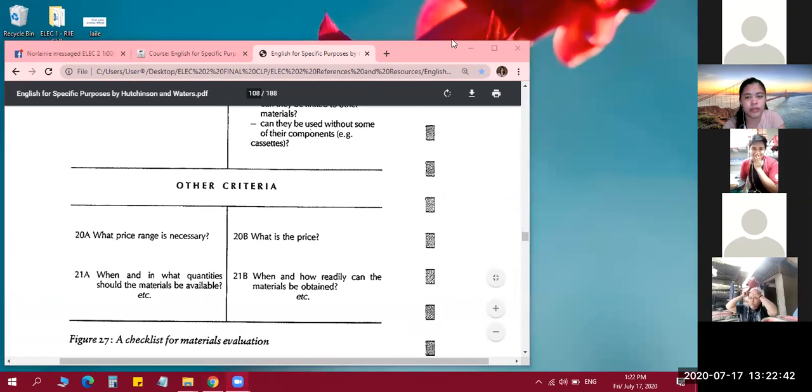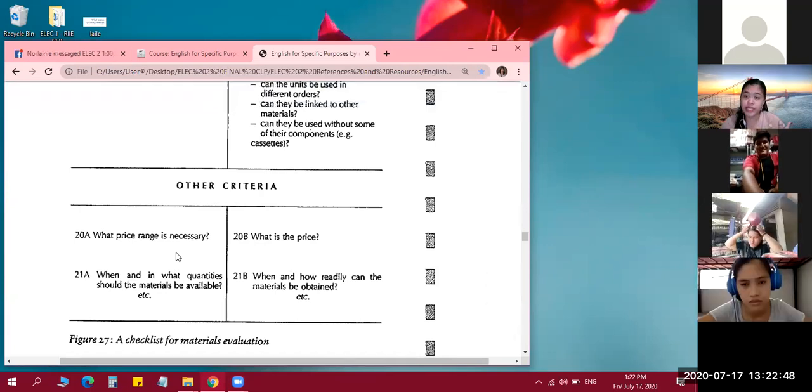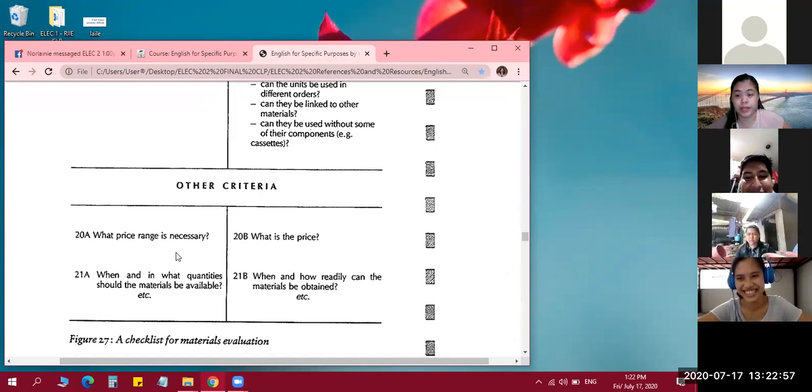Wait a moment, the struggle is really difficult, guys. Okay, for example, for subjective analysis, what price range is necessary? In my case, for example, I want to buy a book that is around 200 to 500 pesos only. Okay, that's the subjective analysis.